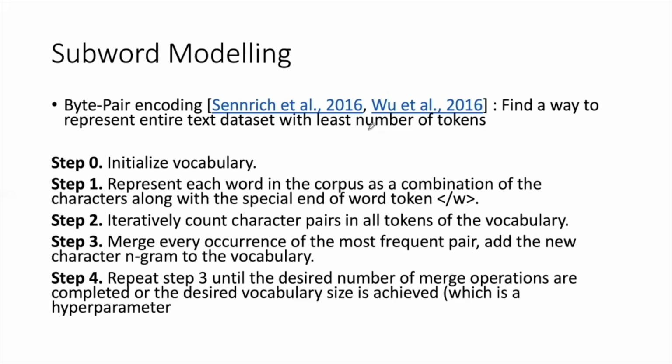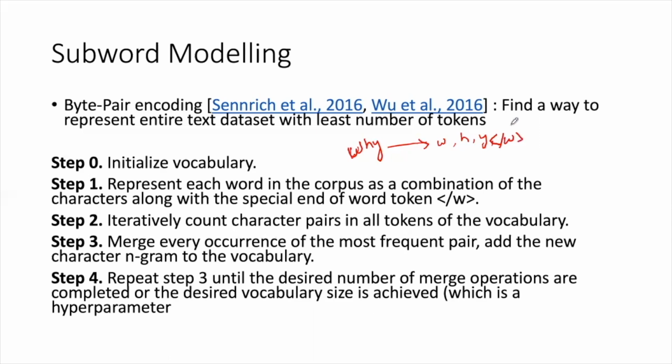For example, let's say you have a word called why. We represent this word in terms of the characters or the subwords which we have in the vocabulary. Initially, since our vocabulary contains only characters, the word why is considered as w, h, y, and along with it we also append an end token.